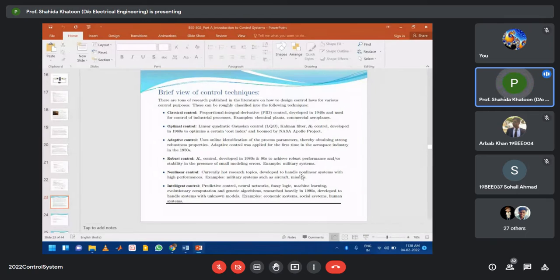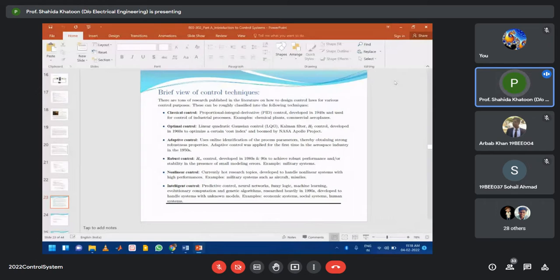Okay. So optimal control includes linear quadratic Gaussian control, LQG, Kalman filter, and H infinity control, developed in the 1960s to optimize a certain cost index and boomed by the NASA Apollo project. Adaptive control uses online identification of the process parameters, thereby obtaining strong robustness properties.